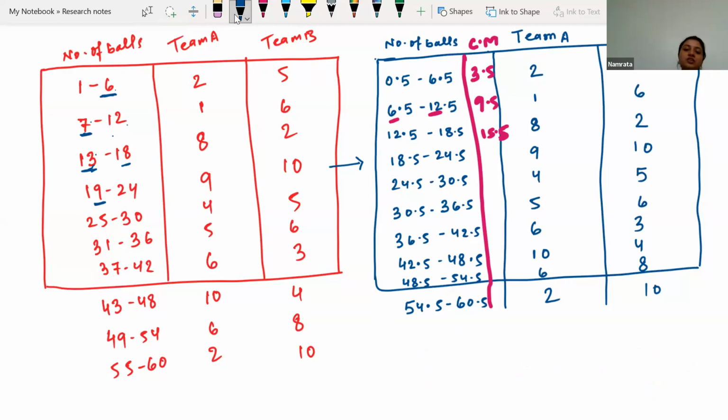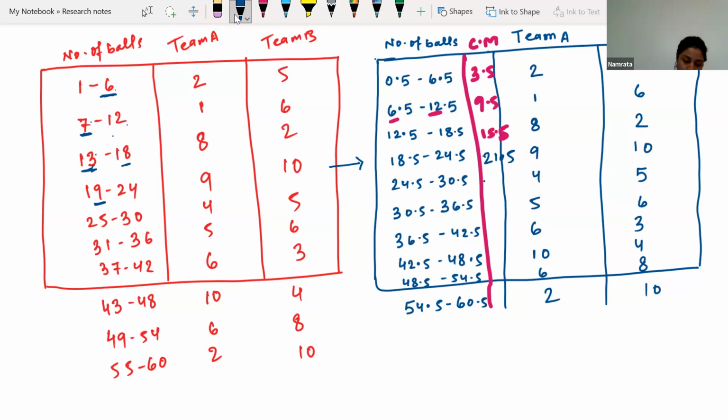So each and every time you are going to use the formula only. So 24.5 plus 18.5... Sorry, will it be 21.5? 21.5. Yeah.